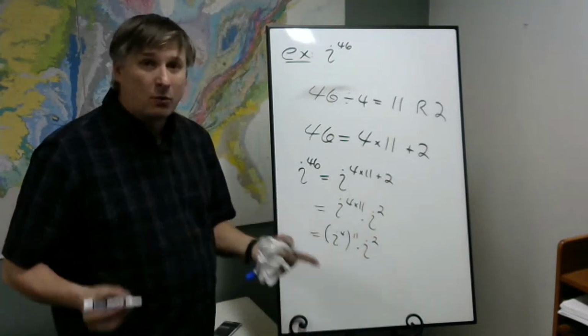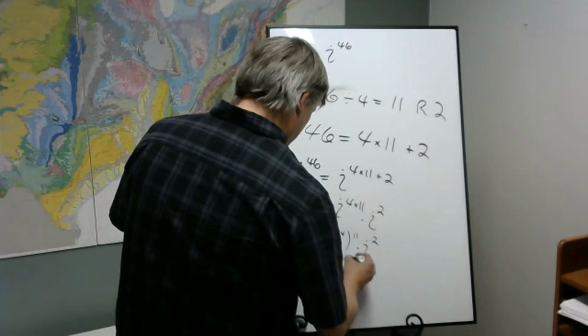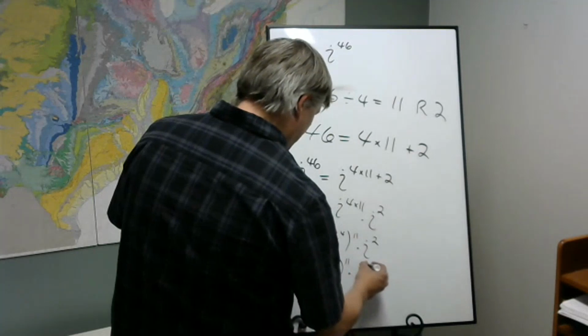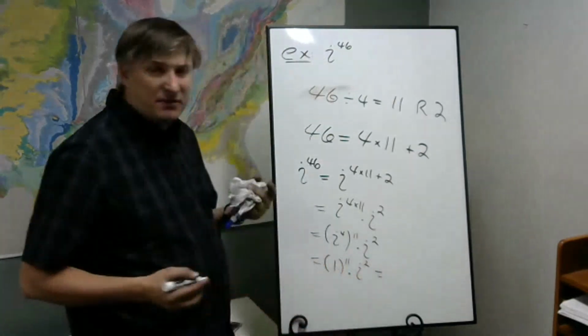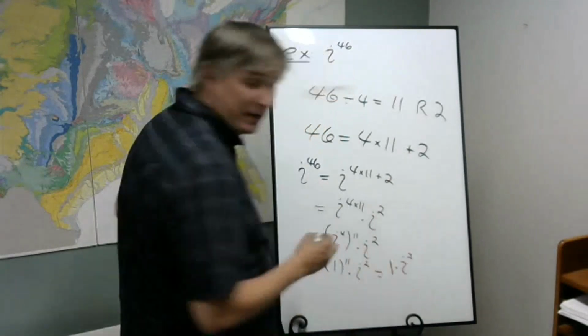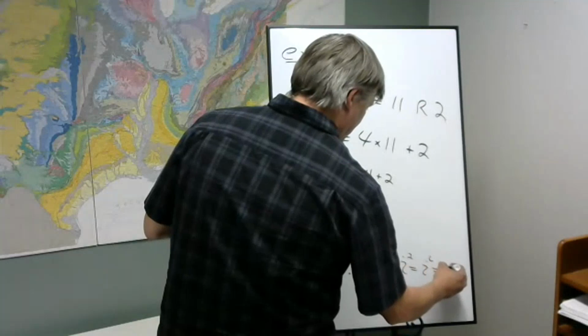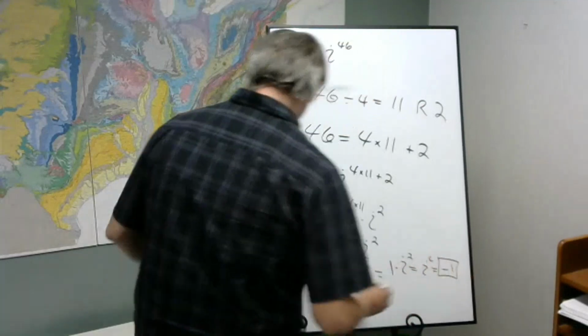Now I to the 4 is always 1. So this is 1 to the 11th times I squared. 1 to the 11th is just 1. So 1 times I squared, so we'll get I squared or -1.